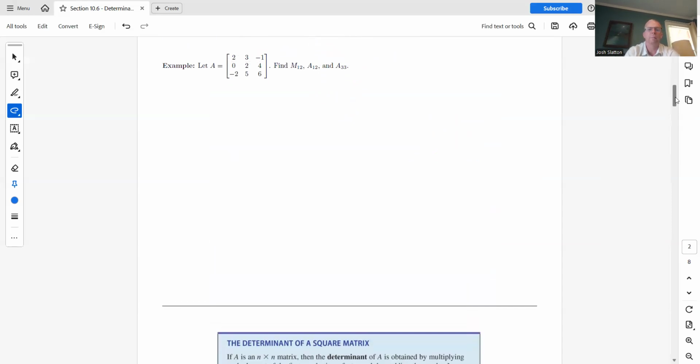We can find the minor for the first row, second column. We're going to delete the first row and the second column. So the minor of 1, 2 would be the determinant of 0, 4, -2, 6. Finding the determinant, 0 times 6 minus 4 times -2, gives us +8.